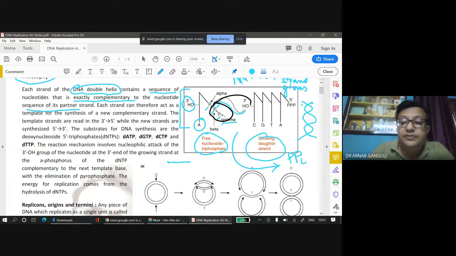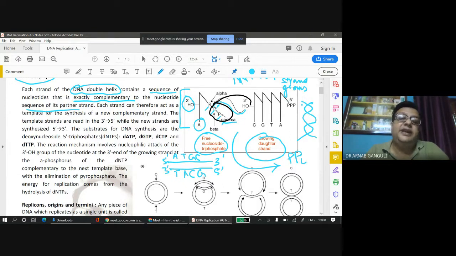So, if it's A, T, G, C, 5' to 3', this side is 5', 3', it will be complementary T, A, C, G. This is reverse and complementary. If this direction is 5' to 3', from here to here, then from here to here, this is also 5' to 3'. It's in a complementary anti-parallel orientation.